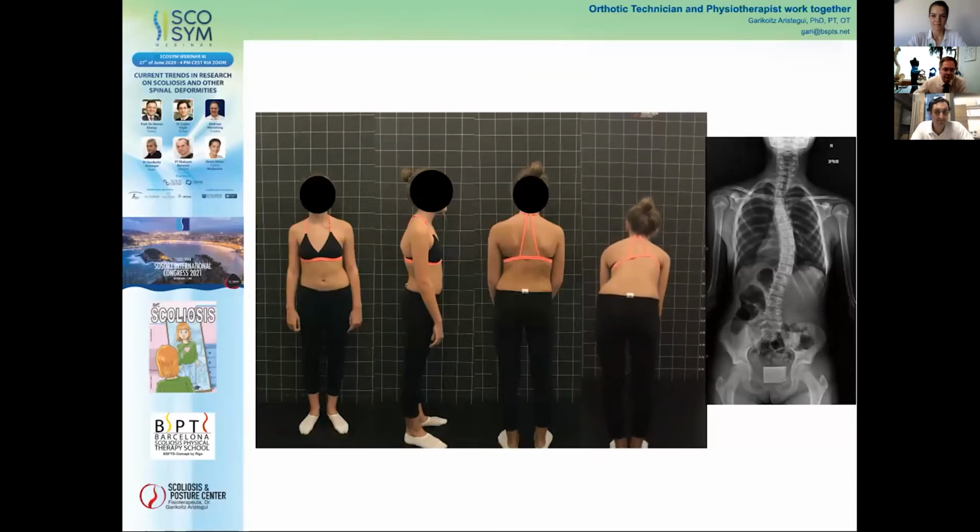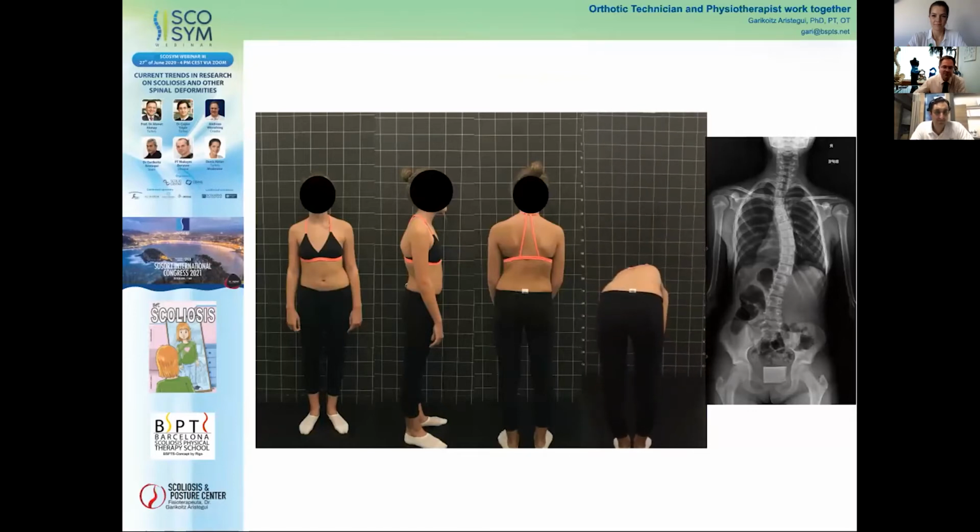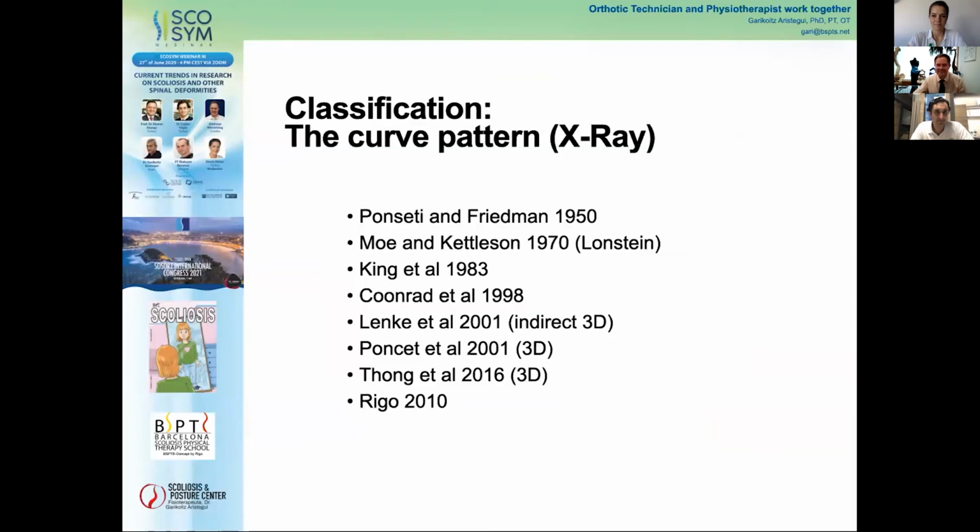But first, to do this, we need to define, in my opinion, what is the classification that we are going to use. For example, speaking about the X-ray, we have all of these curve pattern classifications: Ponseti, Moe, King, Coonrad, Lenke. Okay, perfect.